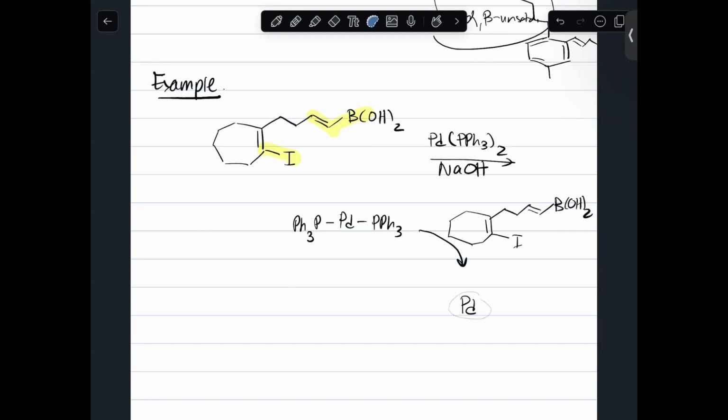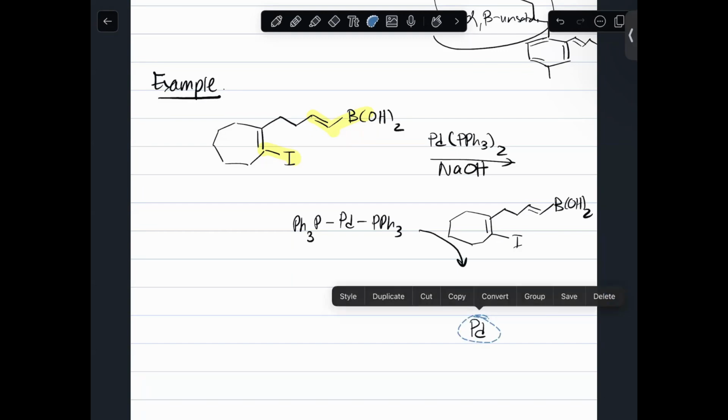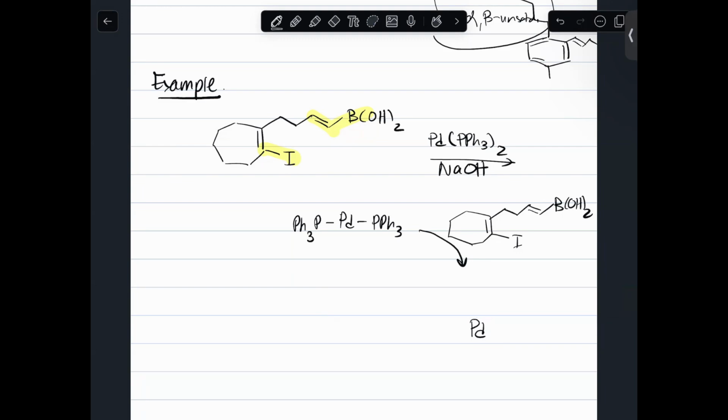Move this down just a little bit so I can give myself some space. I know it may be a little hard to draw seven-membered rings really quickly, so just take your time.